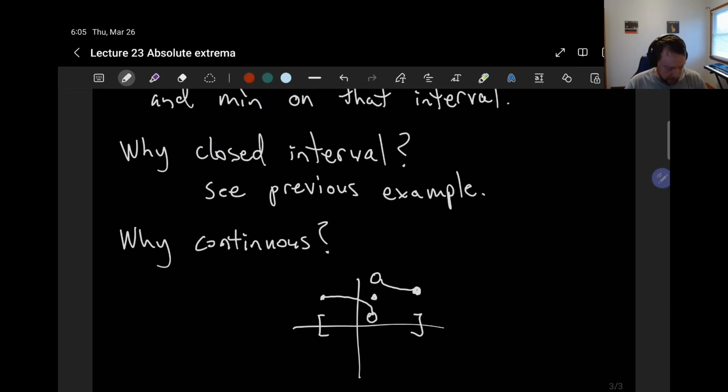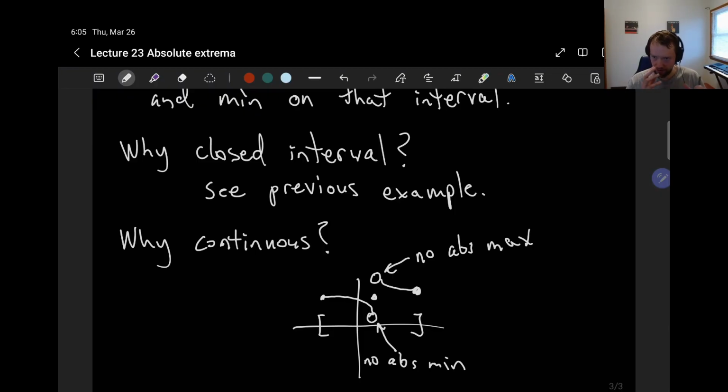But I actually have neither an absolute maximum nor an absolute minimum because they want to be here. That absolute maximum is missing. Or I should say no absolute minimum is missing.